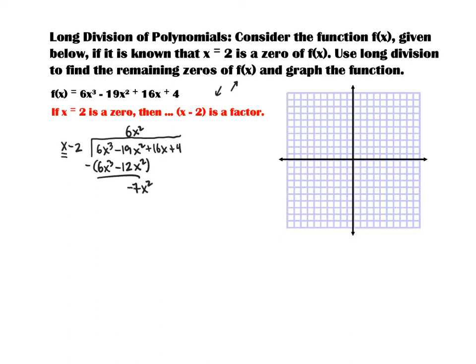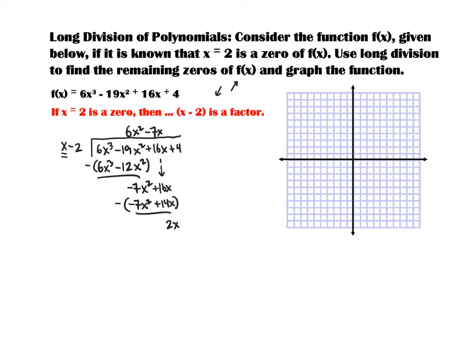Now I'm going to, just like I do before in normal long division, drop down the next term, and I'm going to see how many times x minus 2 goes into negative 7x squared, and it goes in negative 7x times. So now I multiply through, I get negative 7x squared and a positive 14x. Subtracting those, the negative 7x squareds reduce, and 16 minus 14 is 2x.